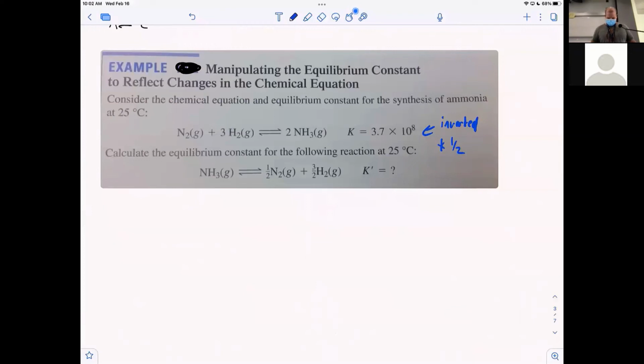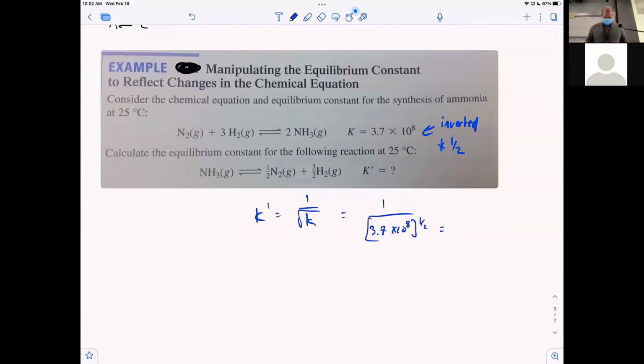So this new equilibrium constant, K prime, you invert it, so it's 1 over K, and then you take the square root of it. So invert it and square root it. And so that means it's going to be 1 over 3.7 times 10 to the 8th, raised to the 1/2 power.